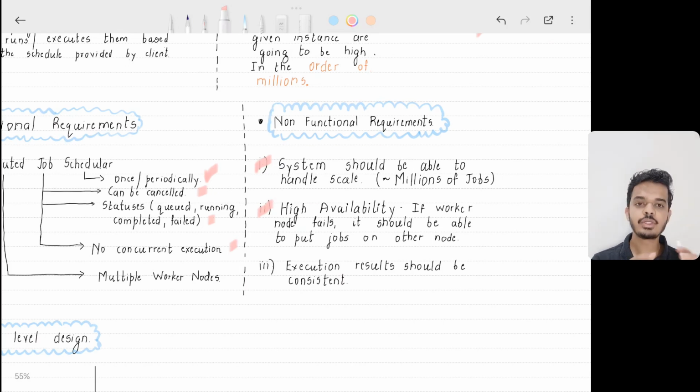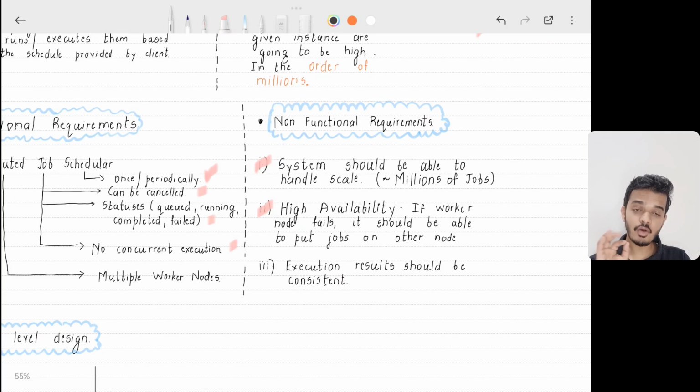Then the execution result should be consistent. We had already discussed that there should be no concurrent execution of jobs, so at the same time a single job should be given to one machine only. If this is ensured, the results would be consistent. Let's say a job was running on machine M1 and M1 somehow breaks down, so this job is moved to some other machine that is working fine.